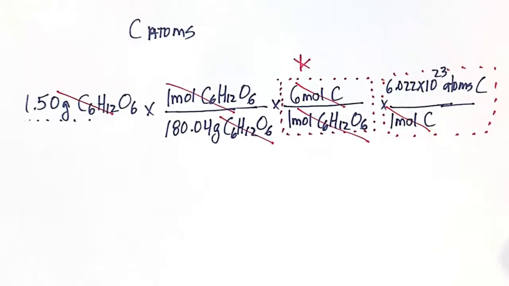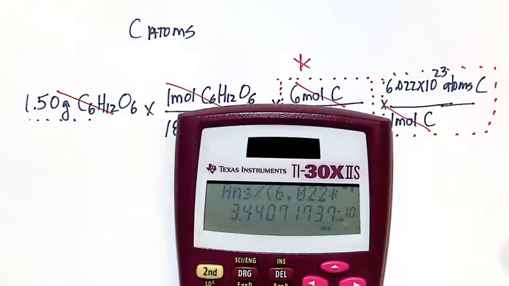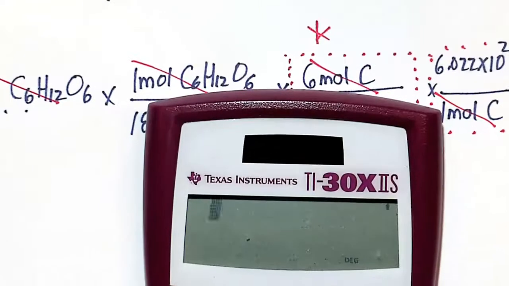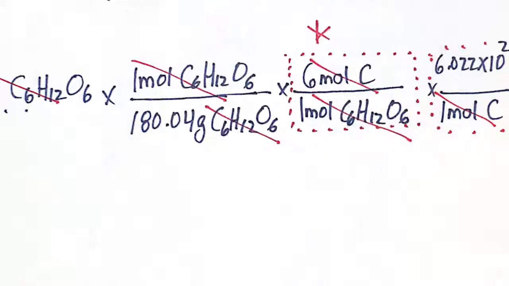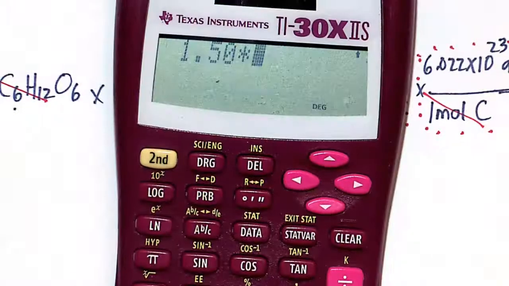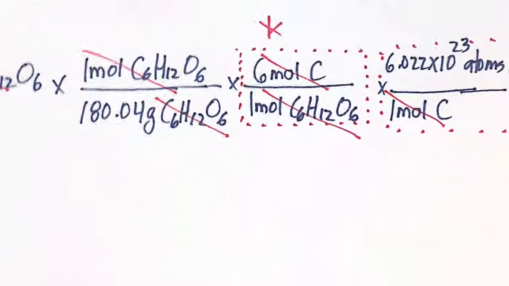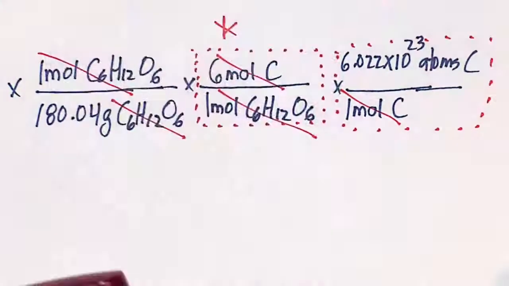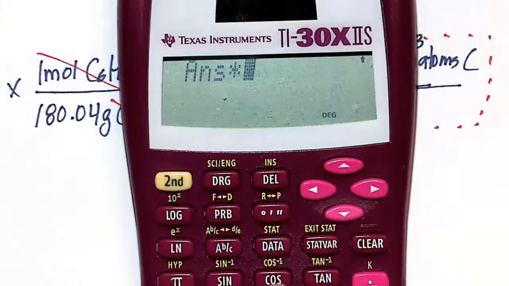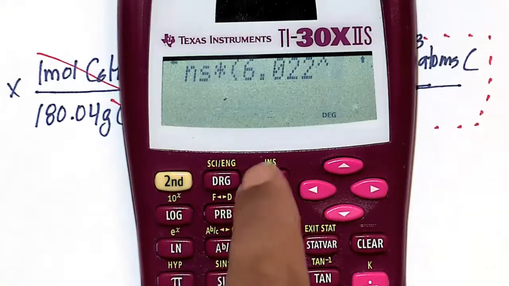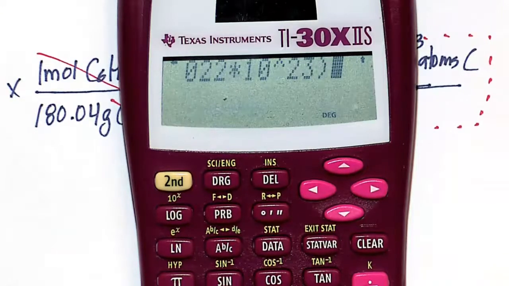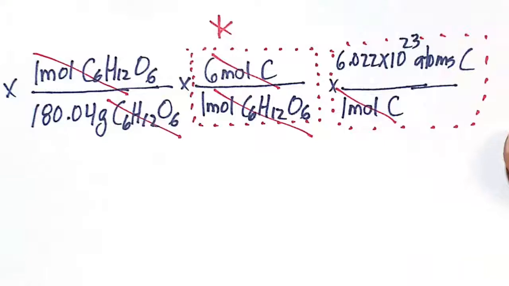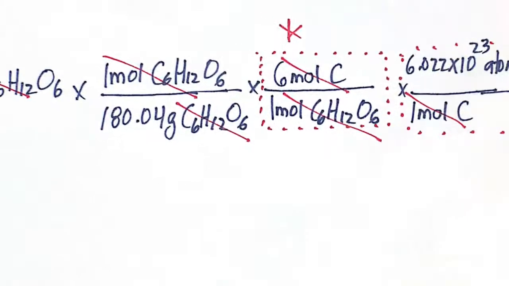So the number of carbon atoms here is going to be, doing this on our calculator, 1.50 grams of glucose times 6 times Avogadro's number, and we will divide that by 180.04.